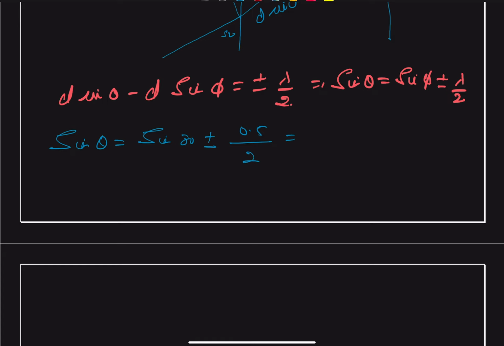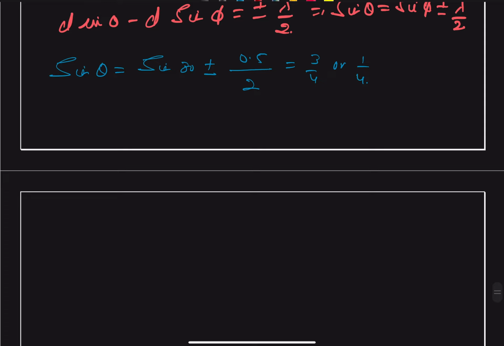So this comes as plus minus, so this will be either 3 by 4 or this will be 1 by 4. From here we can write that tangent of theta will be either equal to 3 by square root of 7 or this will be equal to 1 upon square root of 15.